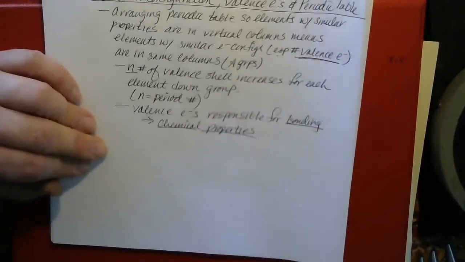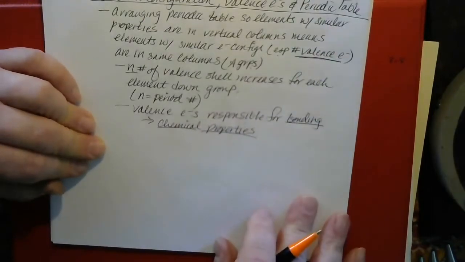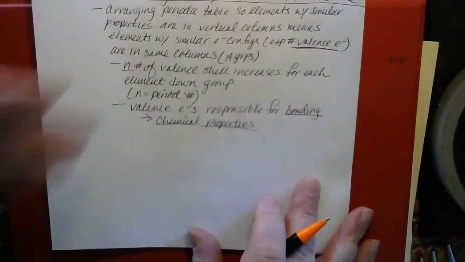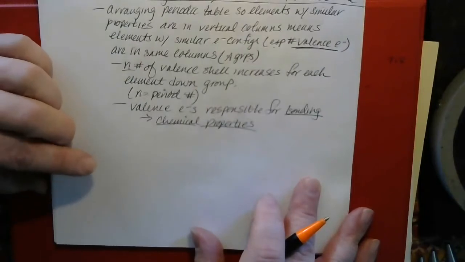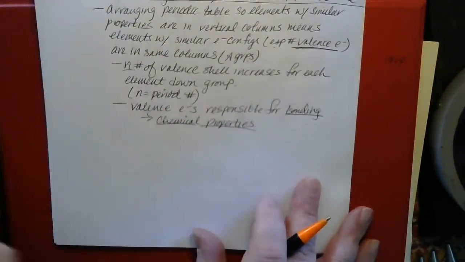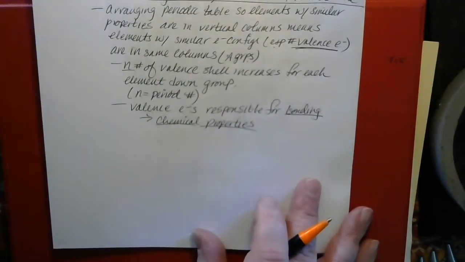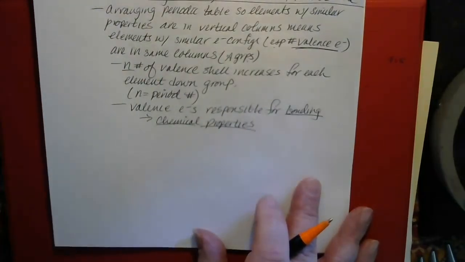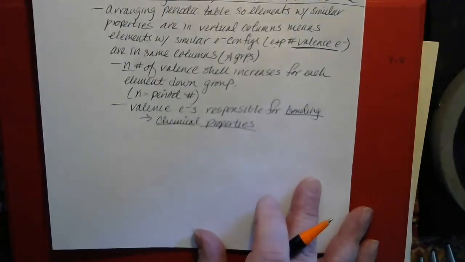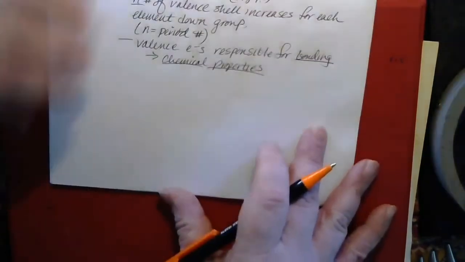Because really, when you're talking about chemical properties for an element, it's basically how does it behave in chemical reactions. And chemical reactions are all about bonding. And bonding is all about electrons, specifically valence electrons. So that is pretty important.